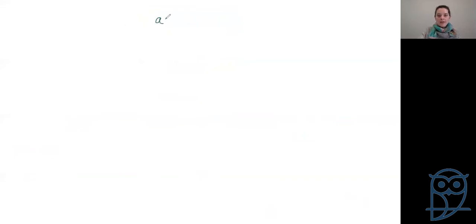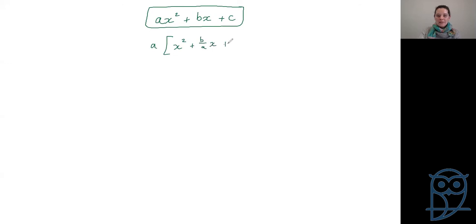So if we have ax squared plus bx plus c, how do we complete the square on this? Well, I'm afraid that all we do is we get rid of that a. So we take it out: x squared plus b over a x plus c over a.